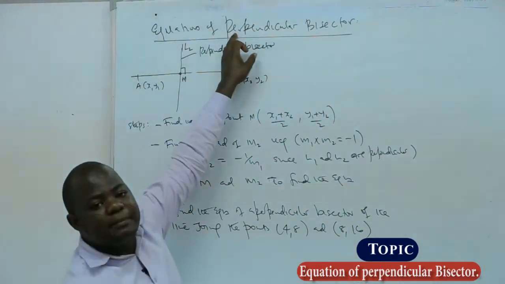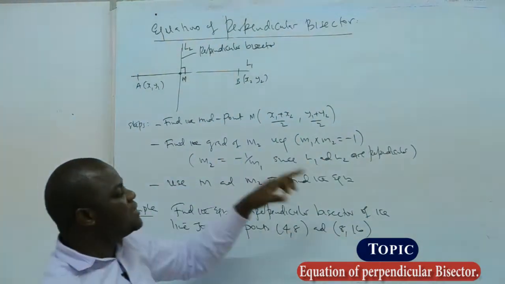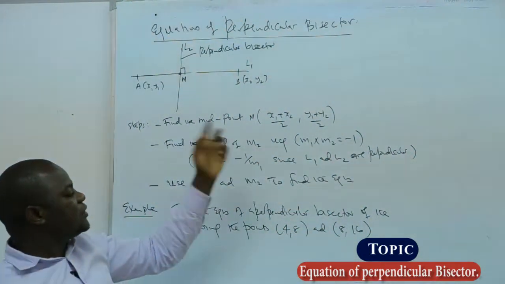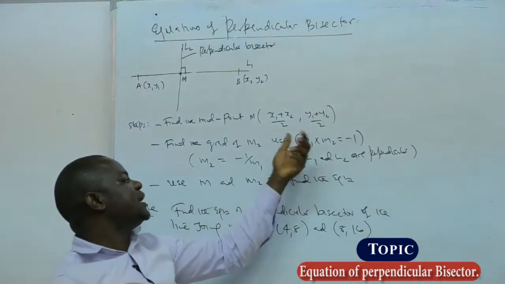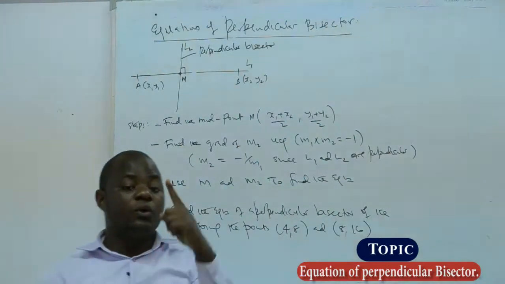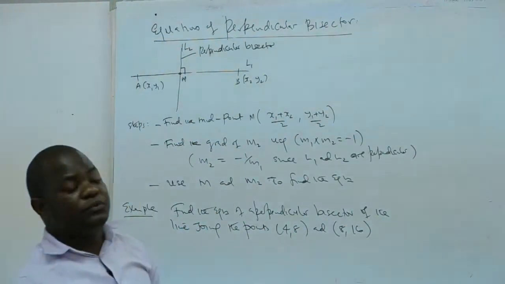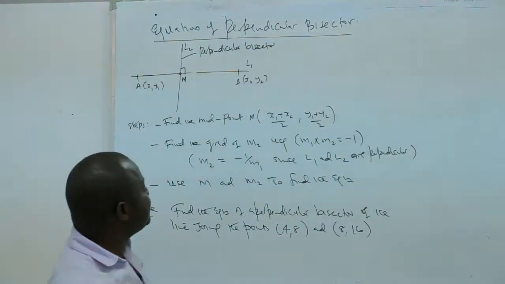We shall use the concept of perpendicular lines that we studied in the previous lesson: two lines are said to be perpendicular if the product of their gradients is equal to -1. That's the concept we are going to use: m1 times m2 is equal to -1.